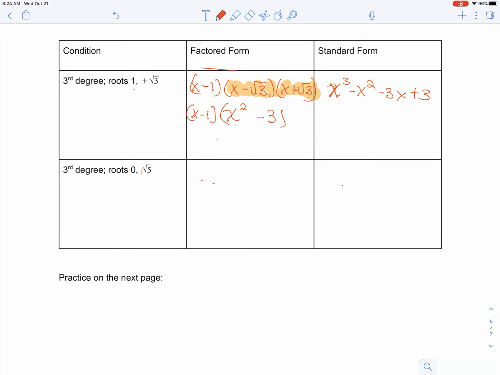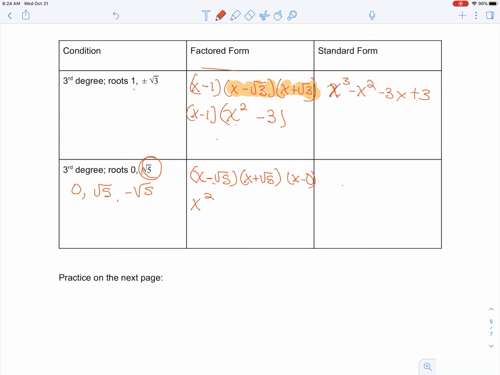We have third degree. It has roots of 0 and radical 5. Remember, radical 5 has to come in pairs, so that means it has roots of 0, radical 5, and negative radical 5, because this has to come in pairs. So then I get x minus radical 5, x plus radical 5, and then x minus 0, which is just going to be x.